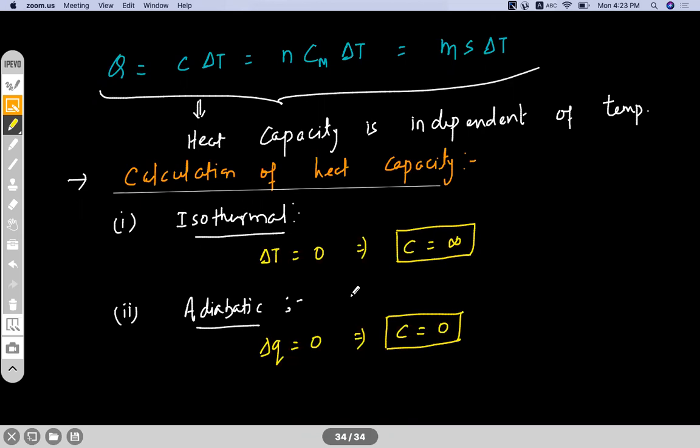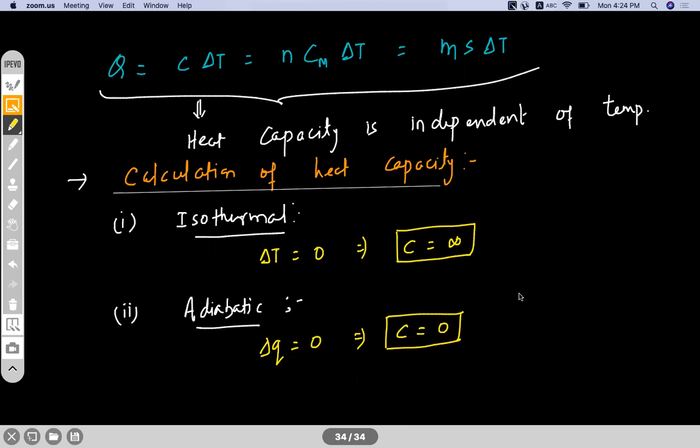You know what is first law of thermodynamics? Yes, keep that in mind. We haven't done this, no? First law we haven't done. I'll take the reference of it just to make you understand one thing.